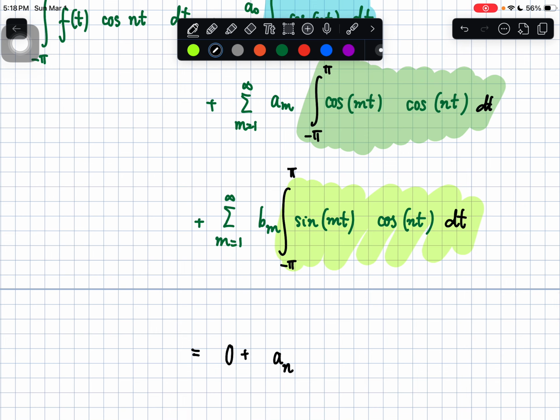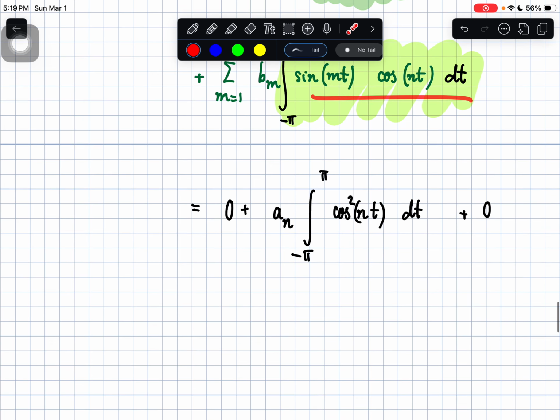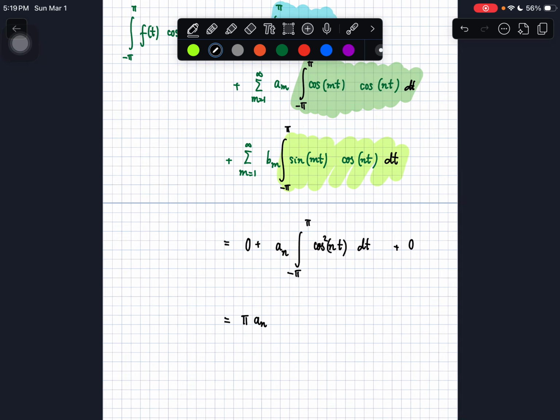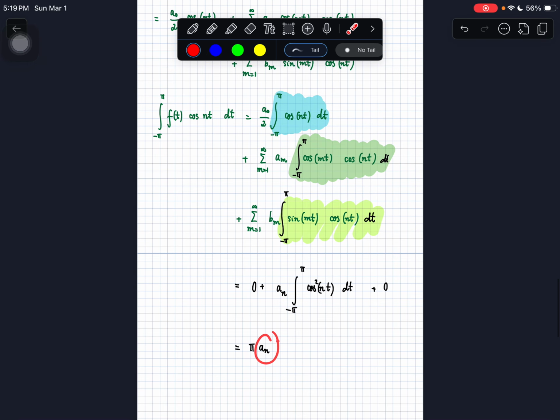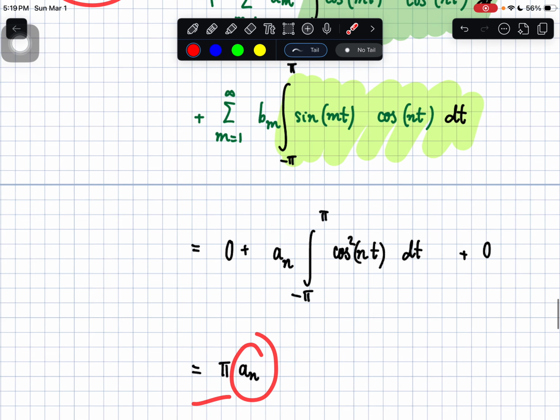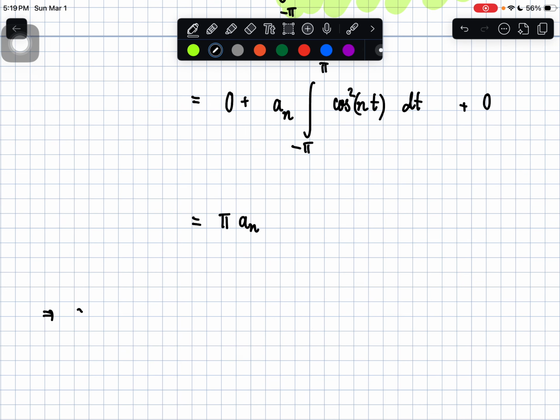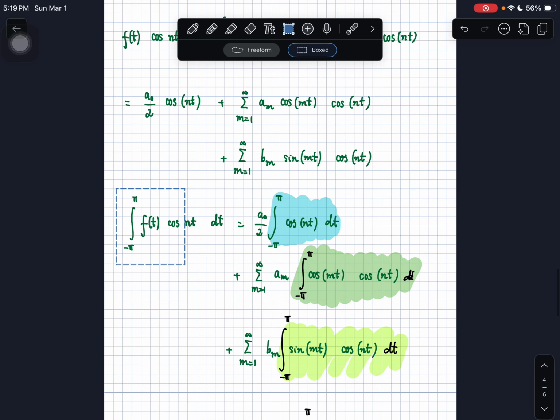So the integral, or let's do it slow, from minus pi to pi of cosine squared nt dt, plus 0, because the rest are all pairwise orthogonal. This one is pi. An times pi. So an will be this term divided by pi. An equals 1 over pi multiplied by this integral.